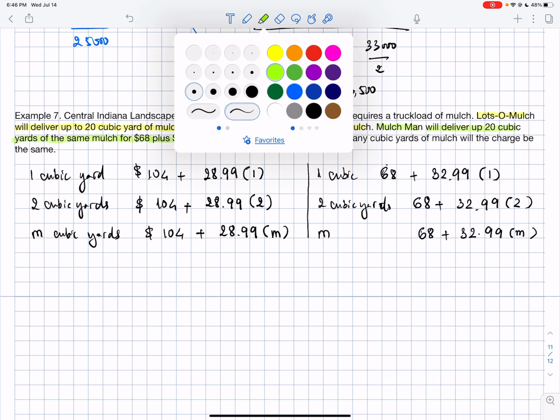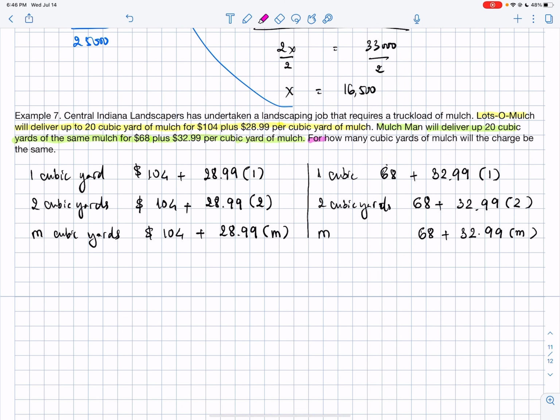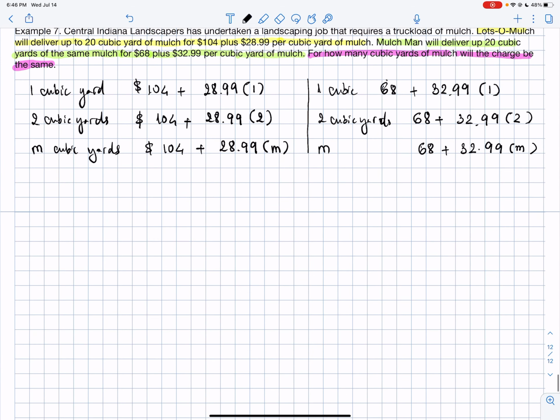We want to know in the question for how many cubic yards of mulch the charge will be the same. So we are looking for the charge to be the same for both companies.